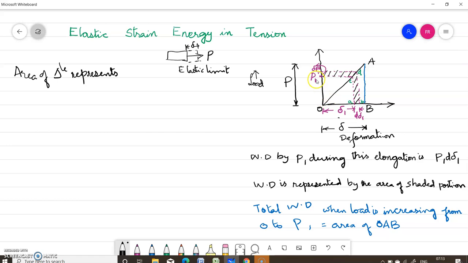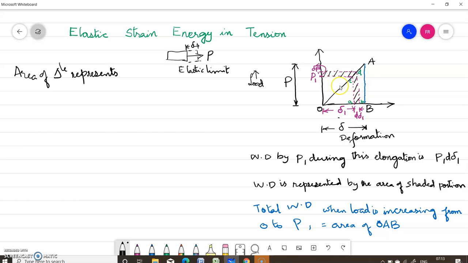Now, a small increase in the load causes a small increment in elongation, that is d delta 1. The work done by P1 during this elongation is P1 into d delta 1, that is load into deformation. It is represented in the figure by this shaded portion.